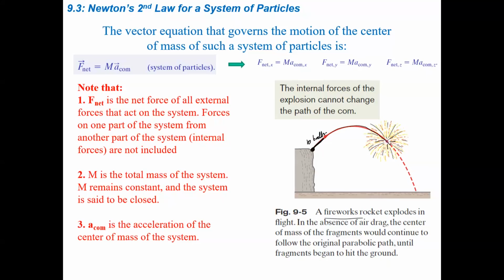A very important impact of the center of mass is that the center of mass of the fragments will continue to follow the original parabolic path of the rocket until the fragments start to hit the ground. All the way here, the fragments will have their center of mass solely along the parabolic path.